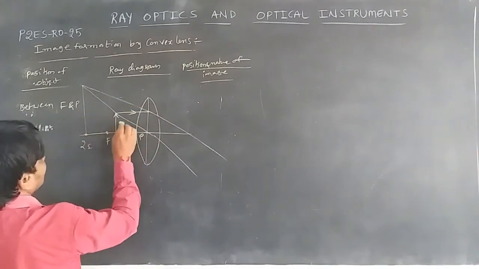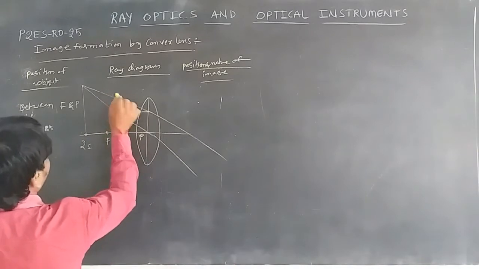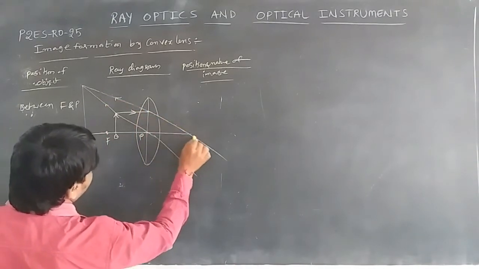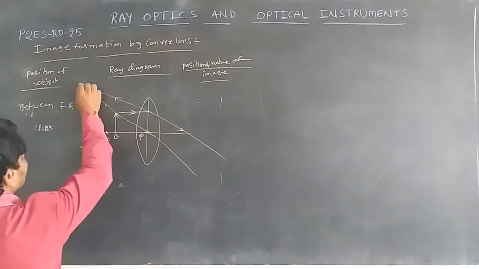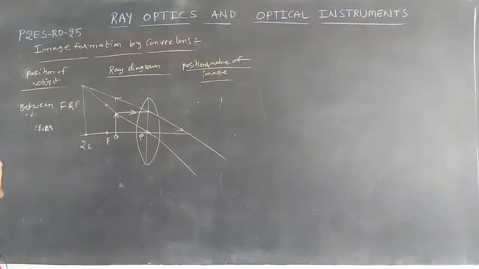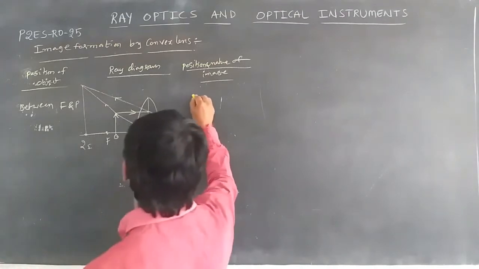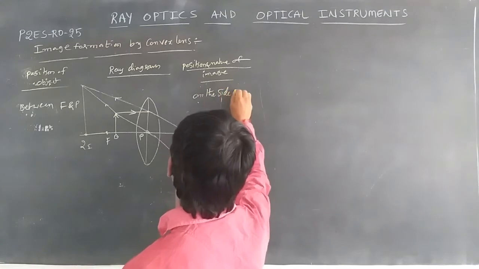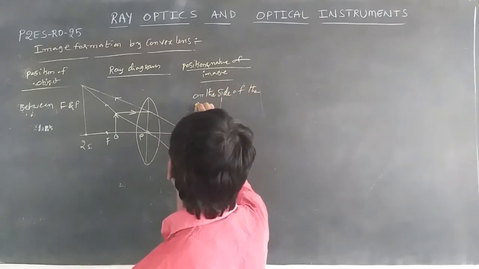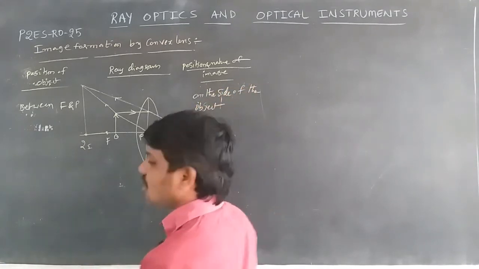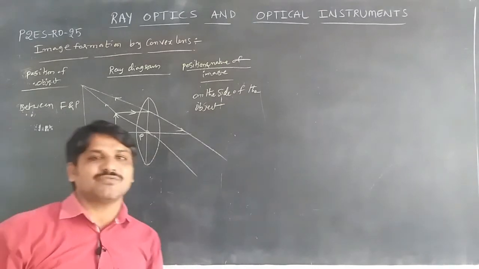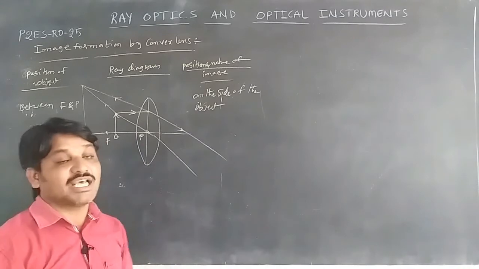This is about image formation by convex lenses.